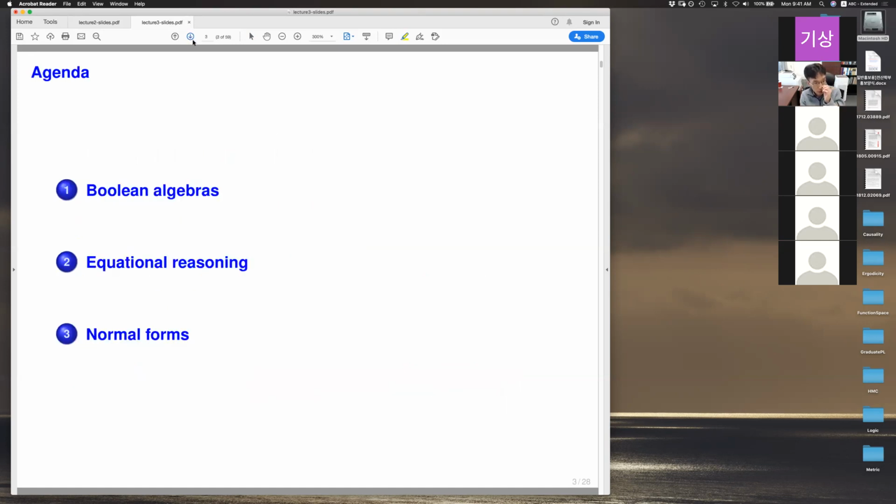This lecture is essentially about Boolean algebra, in particular several rules in Boolean algebra, and gaining some deeper understanding about how these rules interact. The last bit is how to use these rules to convert propositional logic formulas into some normal form.